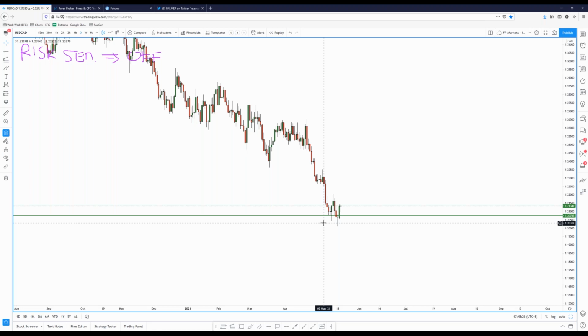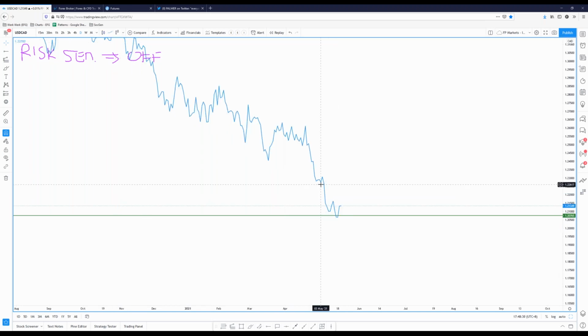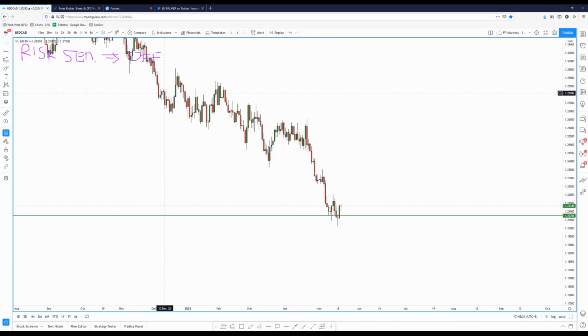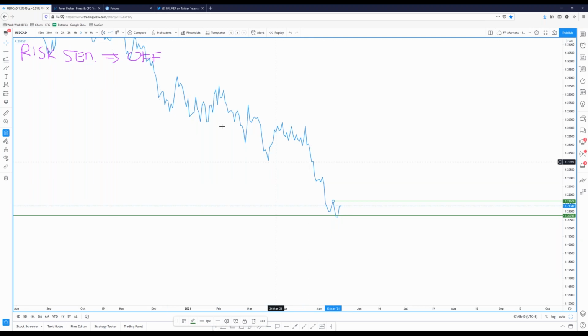It tends to consolidate at these key levels. On a closing basis, it looks like a double bottom pattern. So what I'm going to do is identify a resistance level somewhere over here, taking it at a closing price, and this will be my resistance level. Let's quickly go down to the 1 hour.